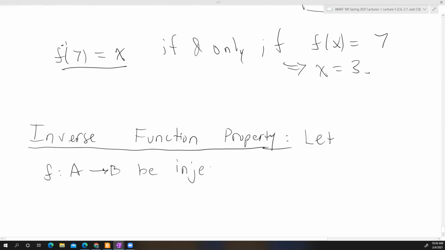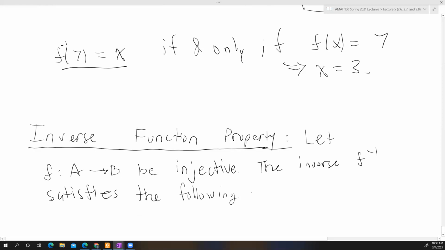and it's injective. So let f from A to B be injective. Then the inverse function f inverse, f to the negative 1, satisfies the following cancellation properties.